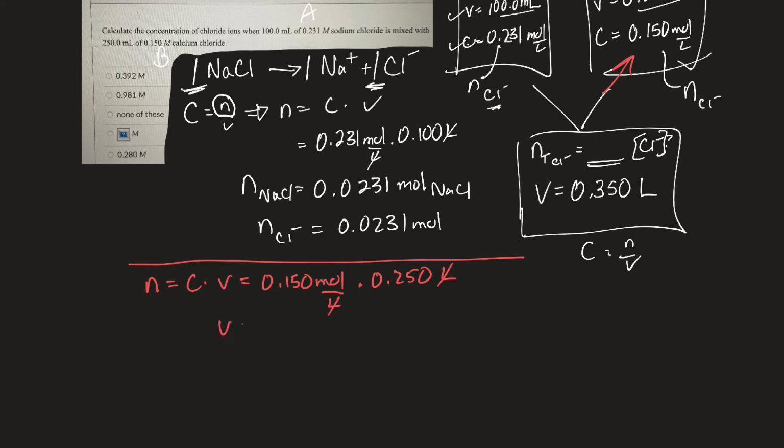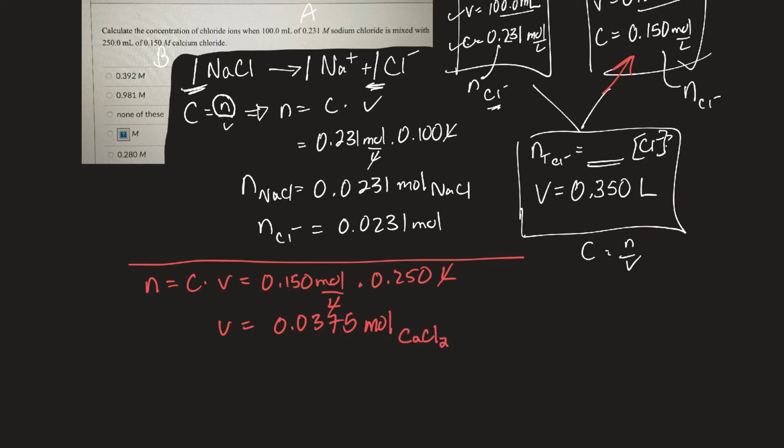Liters cancel. Moles is equal to, trusty calculator, 0.150 times 0.250. 0.0375 moles, and that is of calcium chloride.